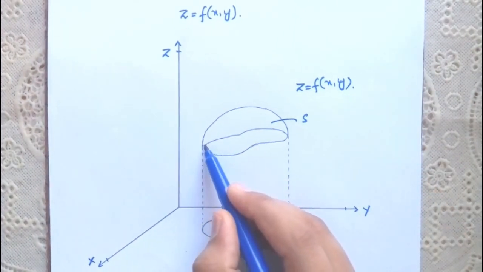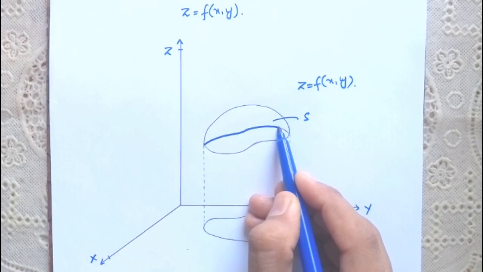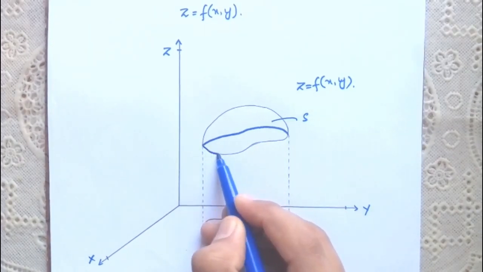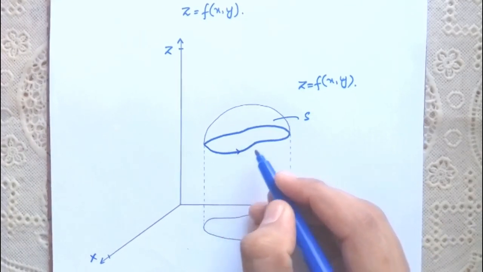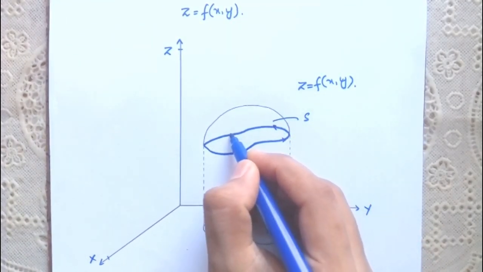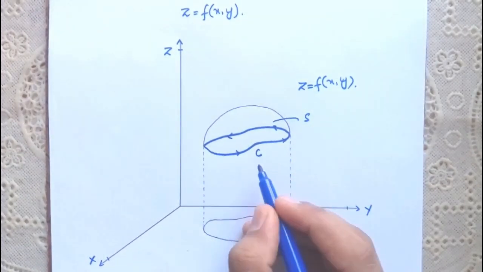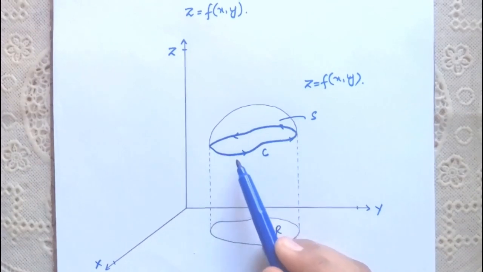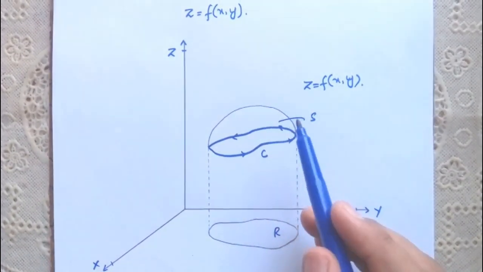Now, this is a simple closed curve in a counterclockwise direction, right? And let me denote it by C. And this simple closed curve forms the boundary of the surface S, right?